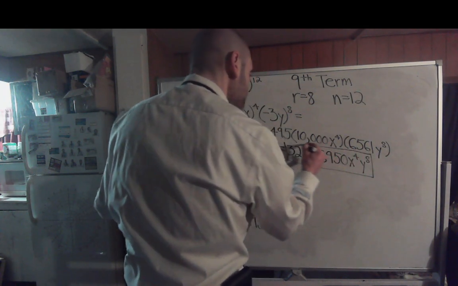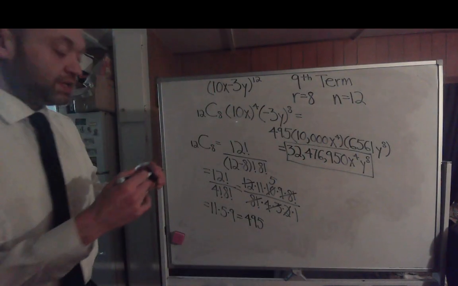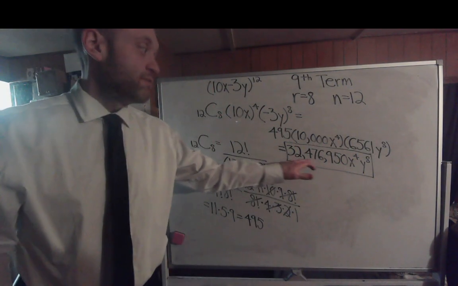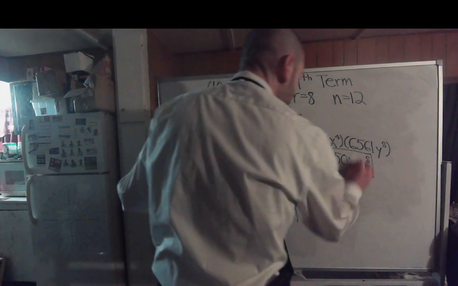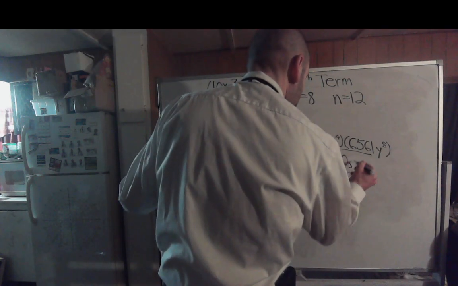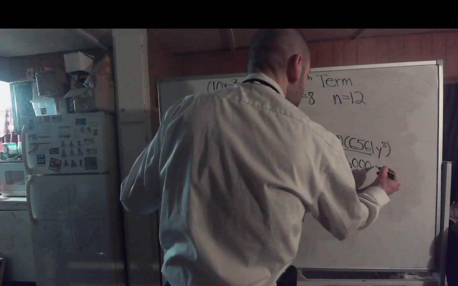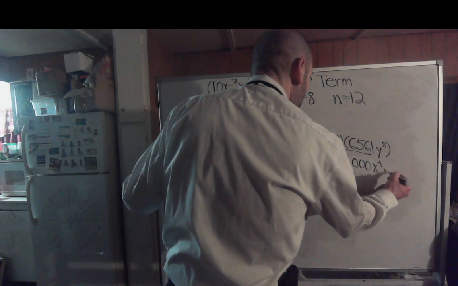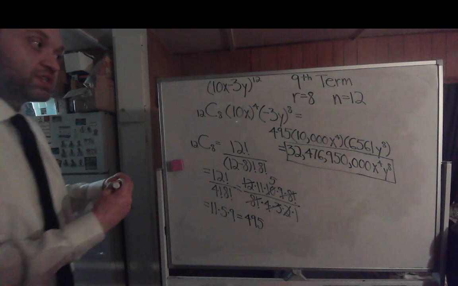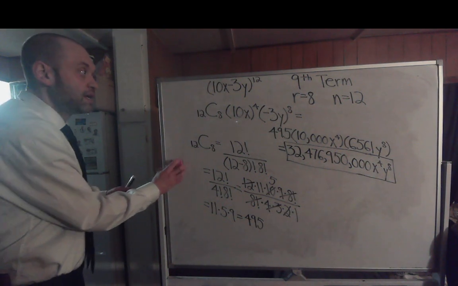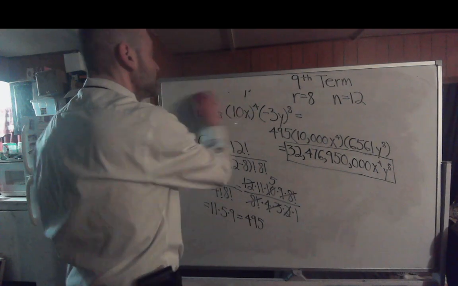So the 9th term of this binomial is 32,476,950,000 x to the 4th, y to the 8th. So yes, that is a really big number, and you will sometimes have that. And I got one more, then we're done with the lesson.